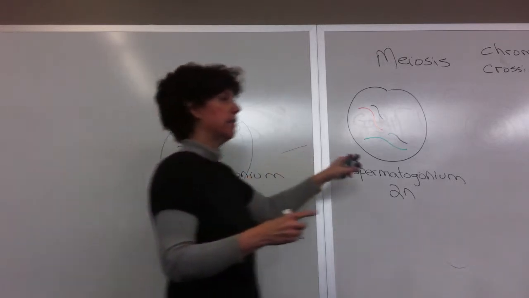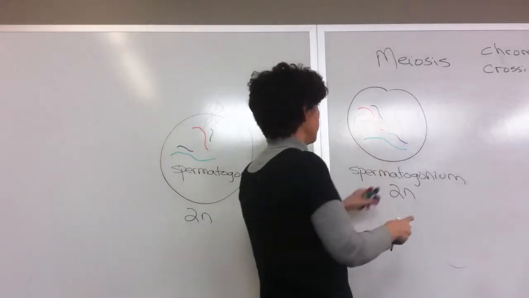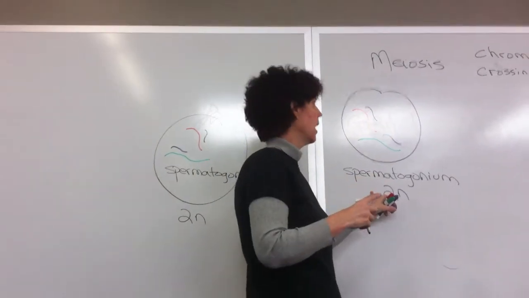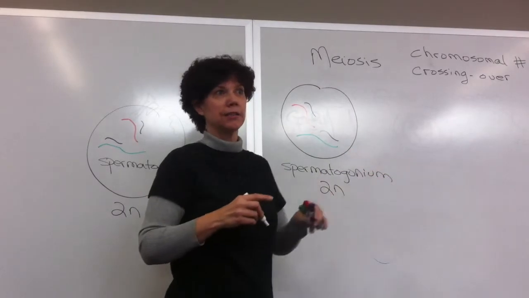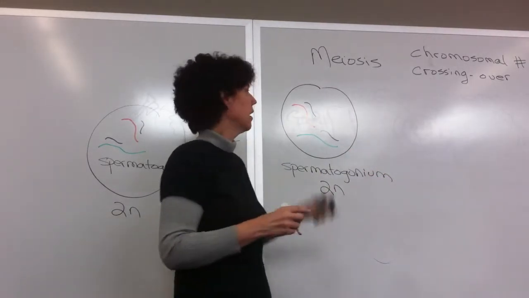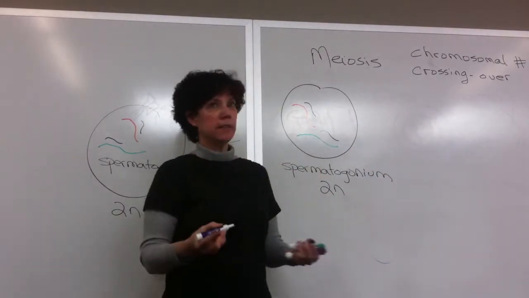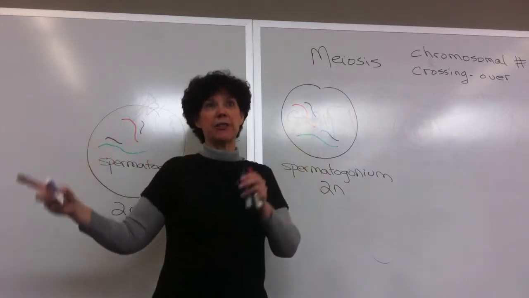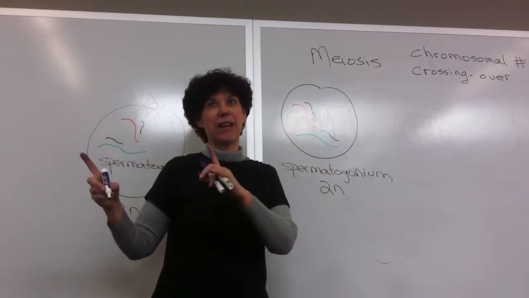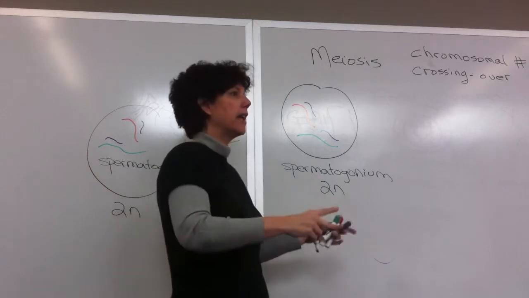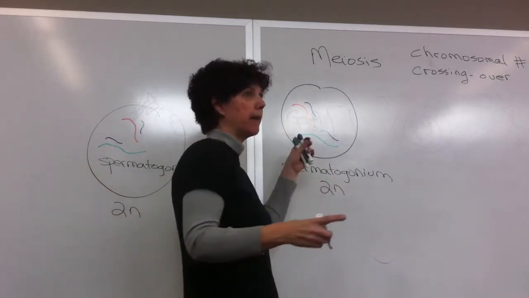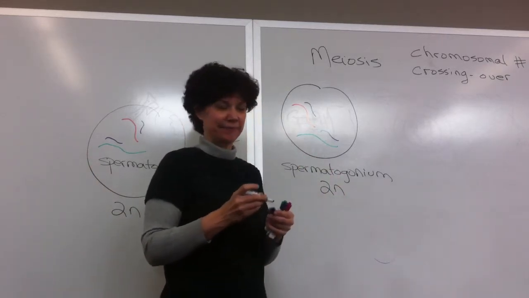Now, the spermatogonium formed by this mitotic division looks just like the parent one. And now we're going to start meiosis. Meiosis is another cell division, and there are 2 stages of cell division in meiosis, not just one. Before we enter that first stage, we replicate the chromosomes again.